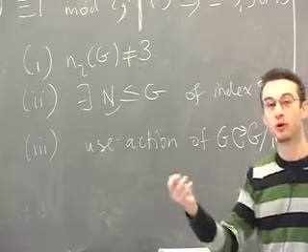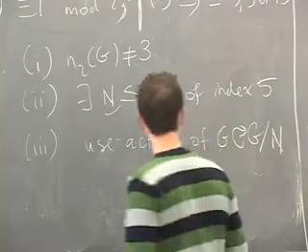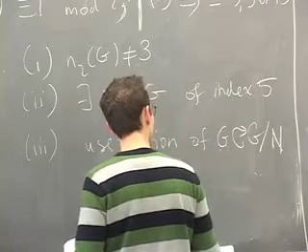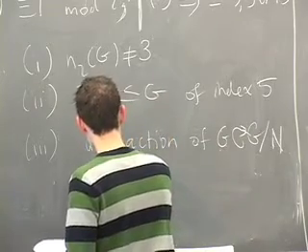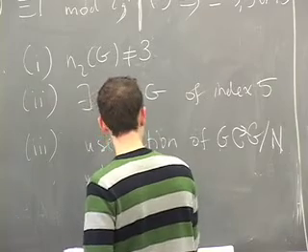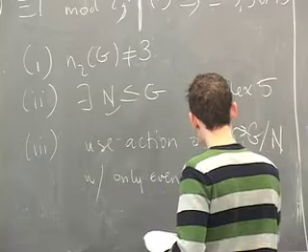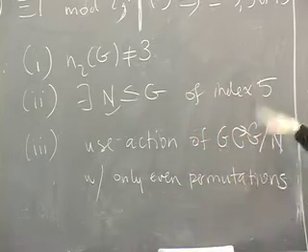From that we're going to extract the isomorphism with A5. I'll explain that in detail later, but this is just a preview to keep you aware of what's going on with the strategy. And we'll show that this has only even permutations of the coset space.